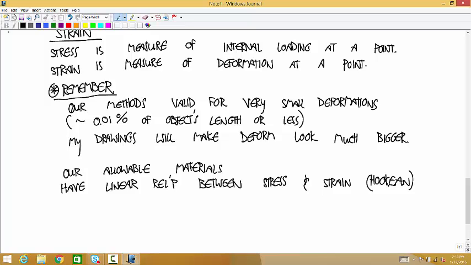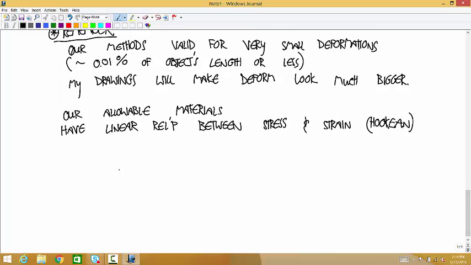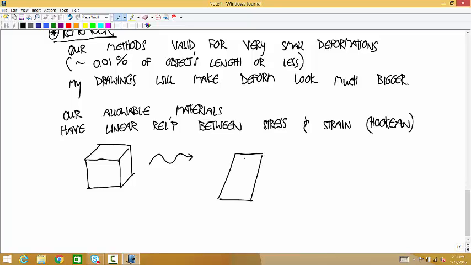And in general, when you have that linear relationship, a stress element that is initially a cube deforms into a parallelepiped. Anyone remember what a parallelepiped is? What are the requirements of a parallelepiped? Each face is a parallelogram.